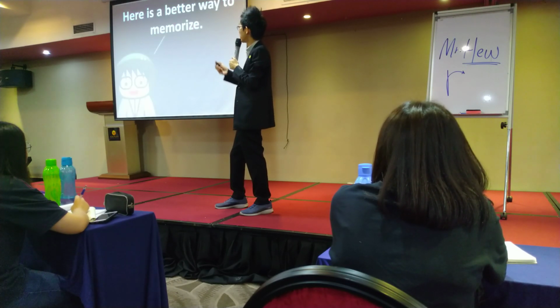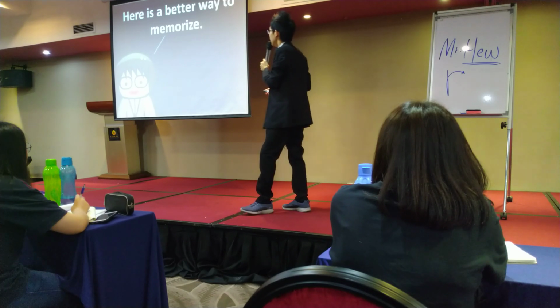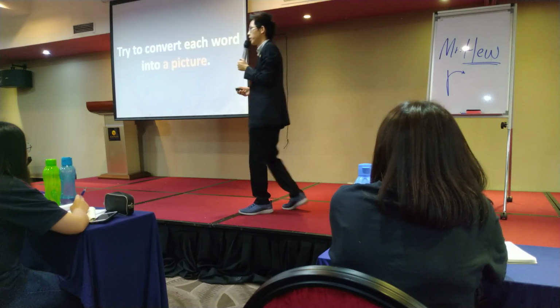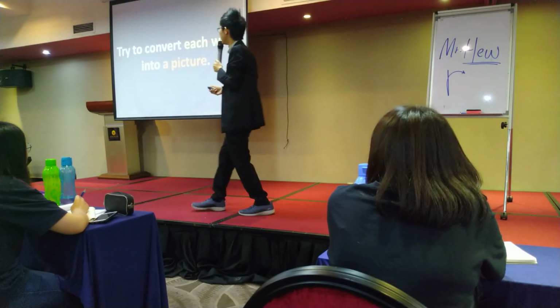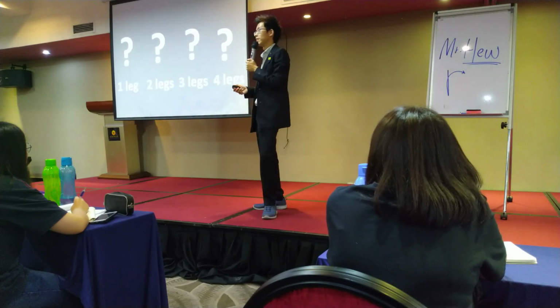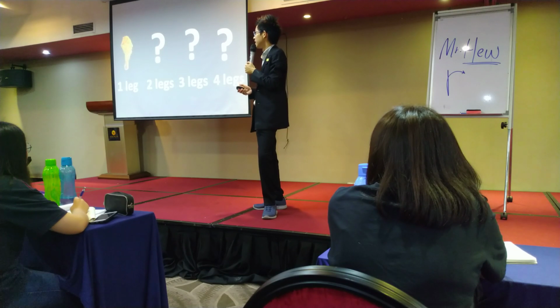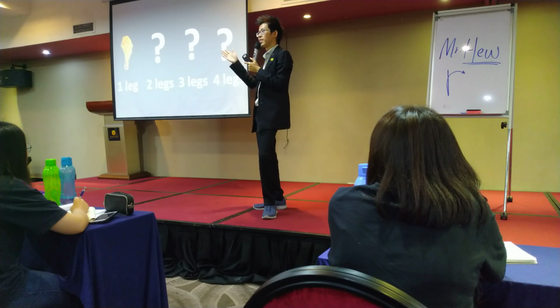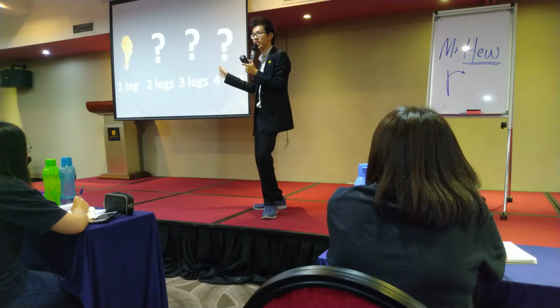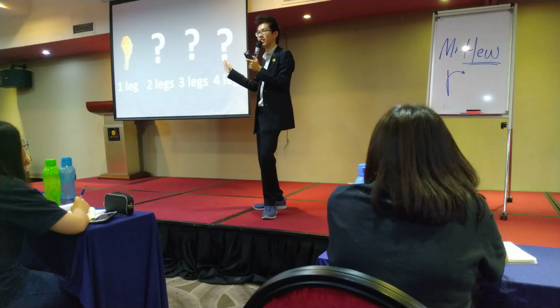Here's a better way to memorize that. Try to convert each word into a picture. For example, starting from 1 leg first. What is 1 leg? A drumstick. This is a drumstick, not a chicken leg.